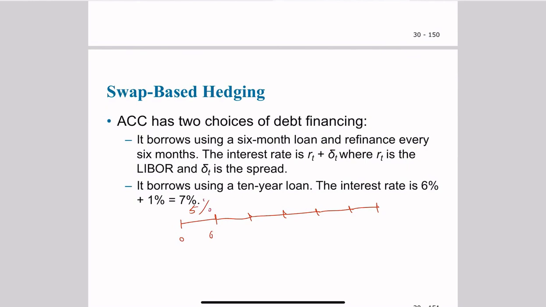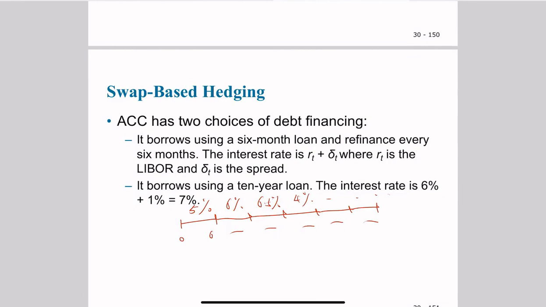And then for all these future 6-month periods, ACC doesn't know what kind of interest rate it will pay. It only knows it will pay this market rate, right? So maybe in the future, it becomes 6%, 6.5%, 4%, right?